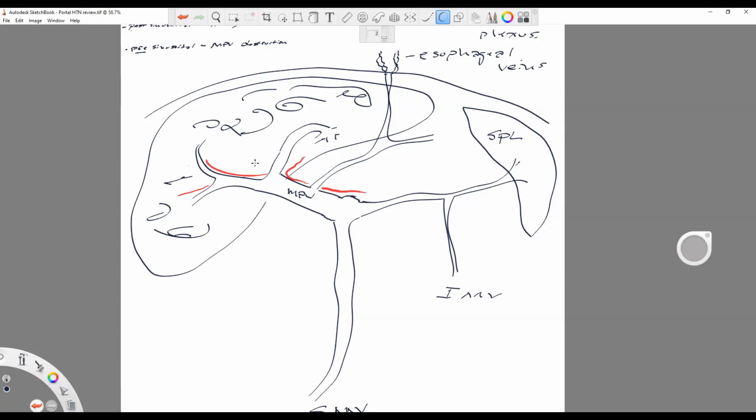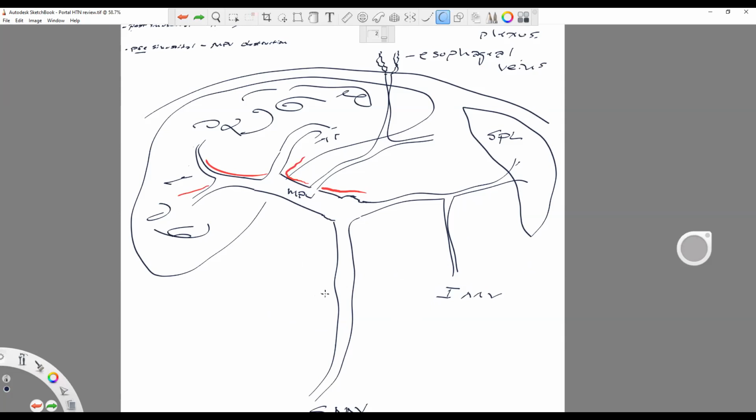Let's talk about really quickly why. All of this down here is draining the intestines. You don't eat food for the sake of eating food. You eat food to get nutrients into the body. Sometimes you eat poisons, and poisons get into the body.